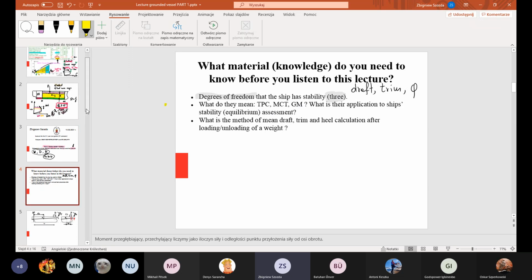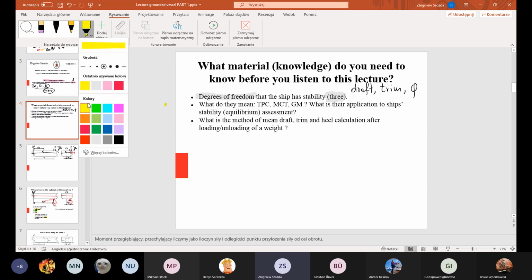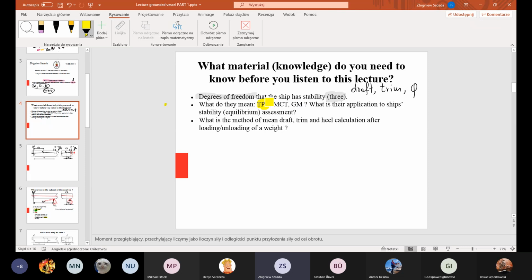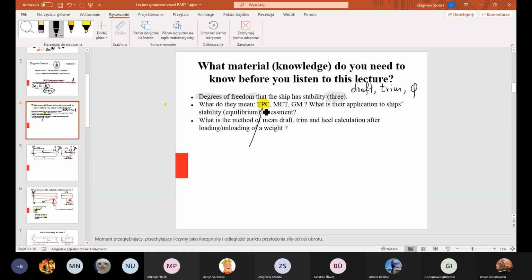Who can remember what does it mean TPC, and what will be the application of such a variable TPC? Who can remember and who wants to refresh memory? What does it mean TPC? Tons per centimeter.